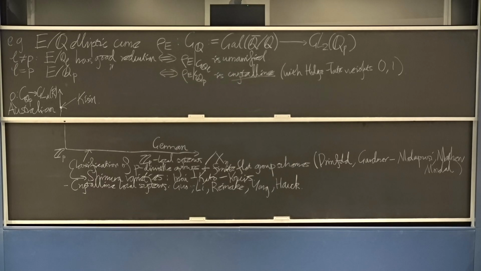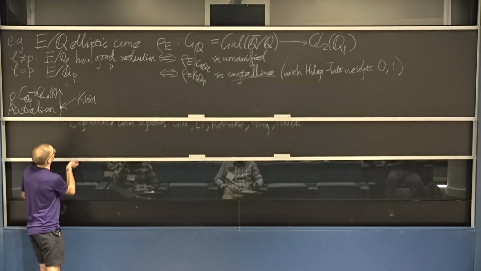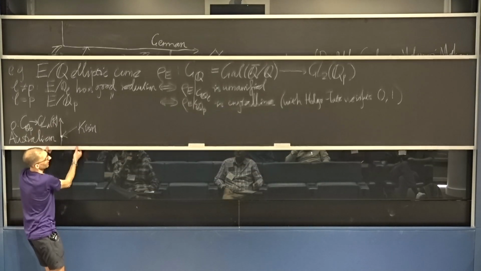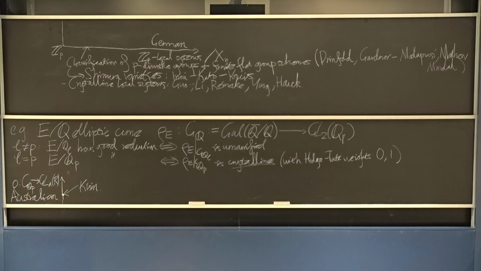Okay, so that was the extent to which I'm going to be surveying applications. I should say that we certainly expect and hope that there are more applications on these other axes, but I feel like that's still in the future.